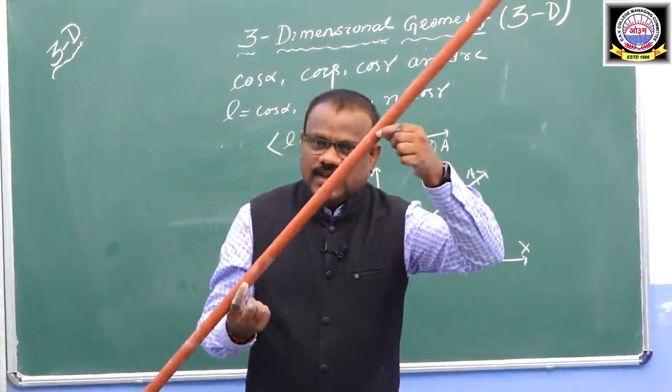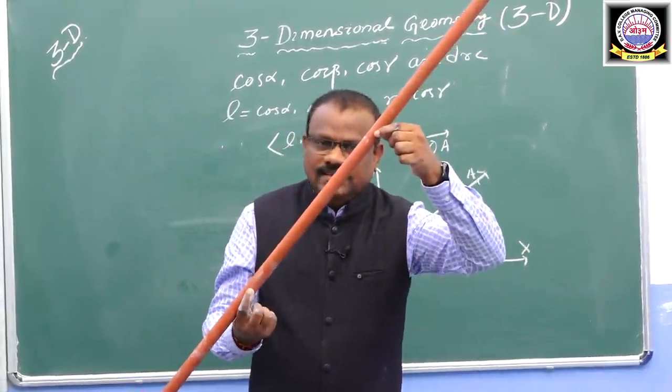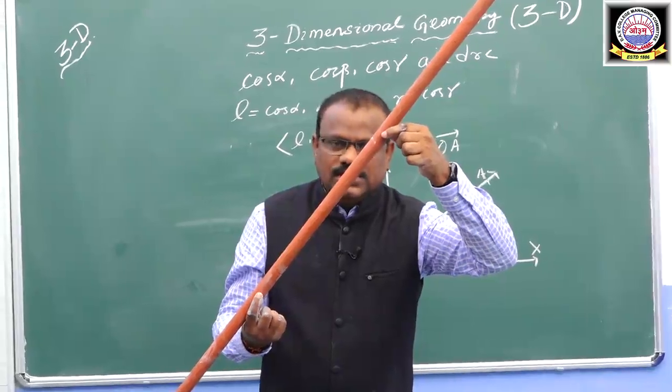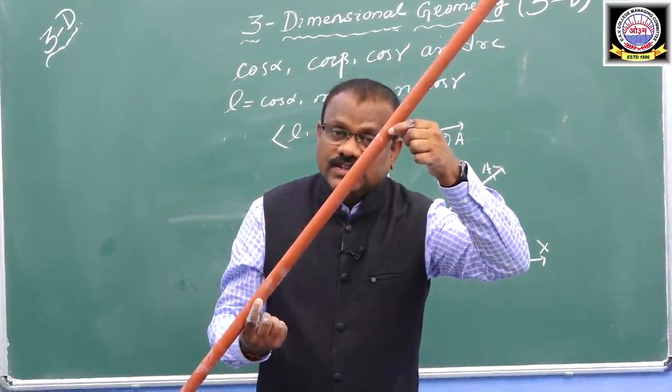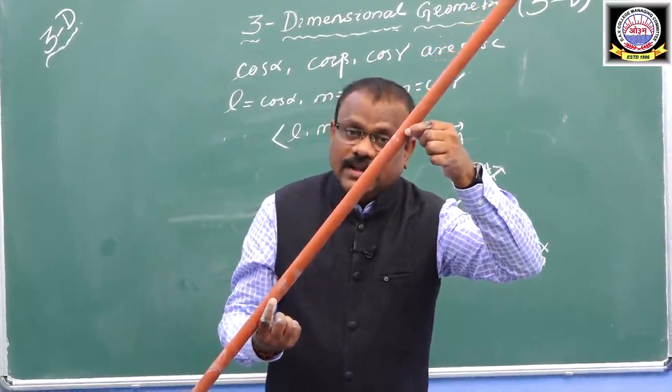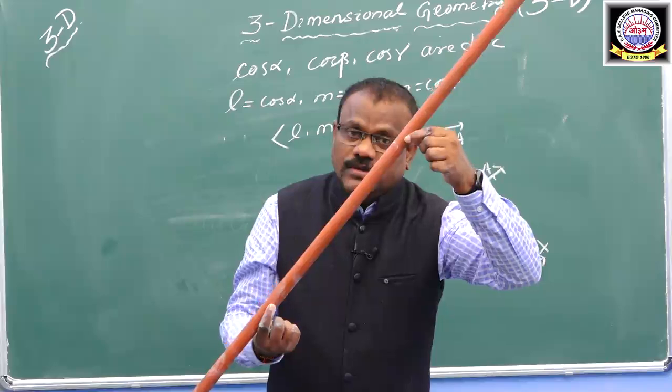So if I do it this way, you will get a line which is parallel to this in one of the octants and starts from the origin, making angles alpha, beta, gamma, and this angle is also applicable for this one.